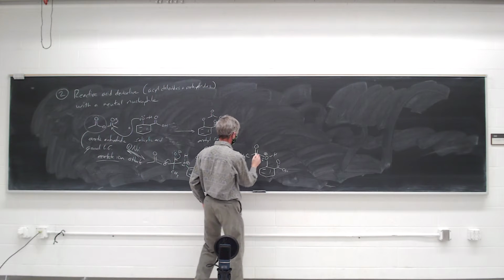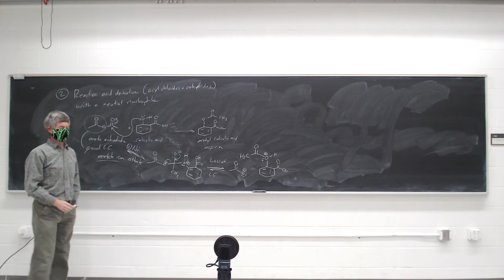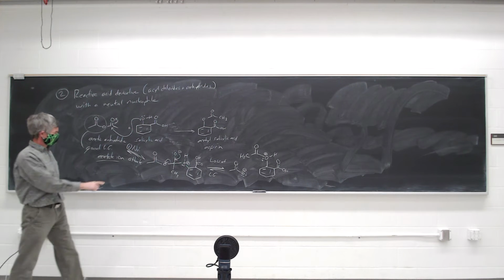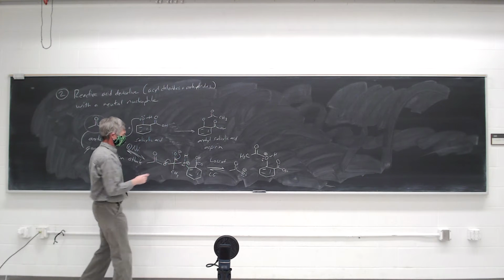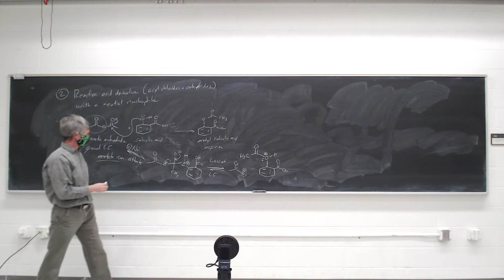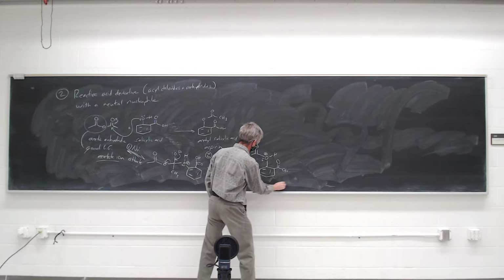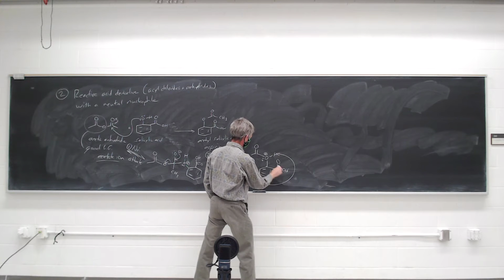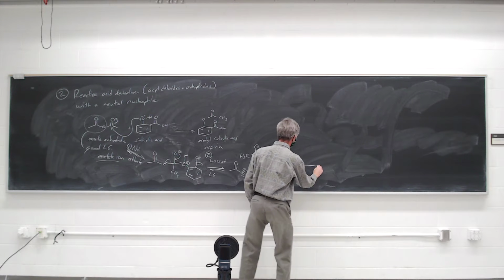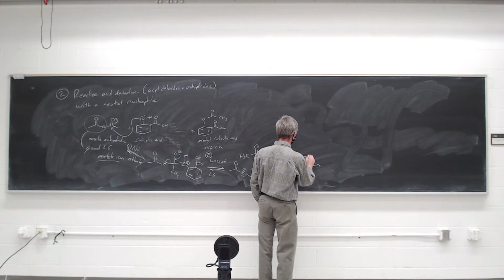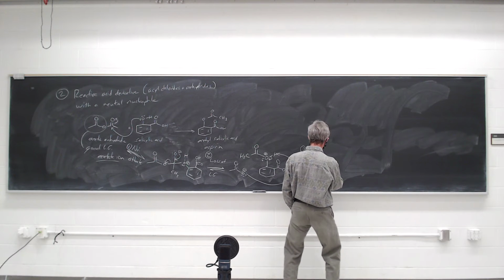So now we have a positively charged intermediate where this hydrogen is still attached to a trivalent oxygen. So we're going to have a proton transfer step where the acetate ion comes through and grabs that to generate the final product.